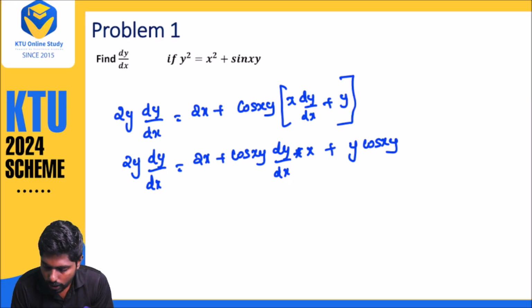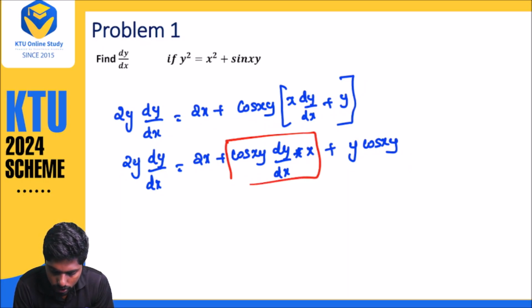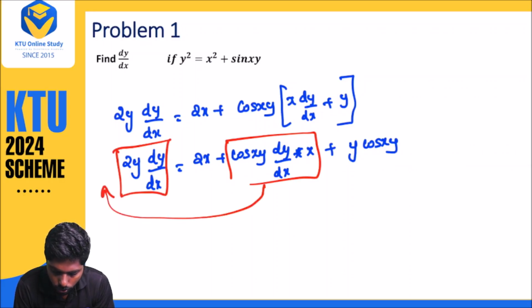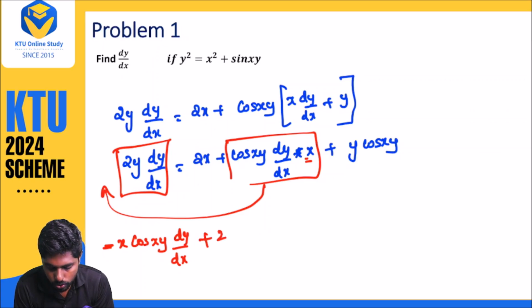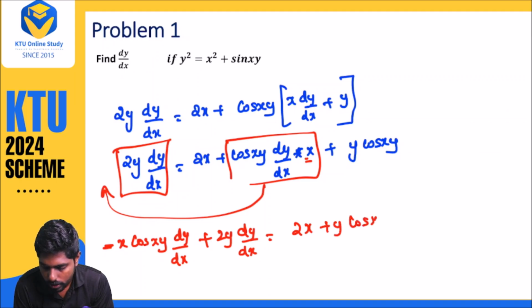We want to collect the dy by dx terms on one side, so I am bringing this term over: minus x cos xy dy by dx plus 2y dy by dx is equal to 2x plus y cos xy.